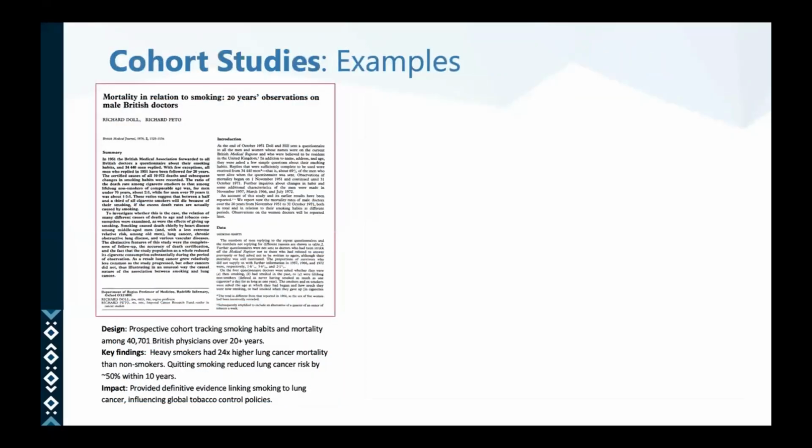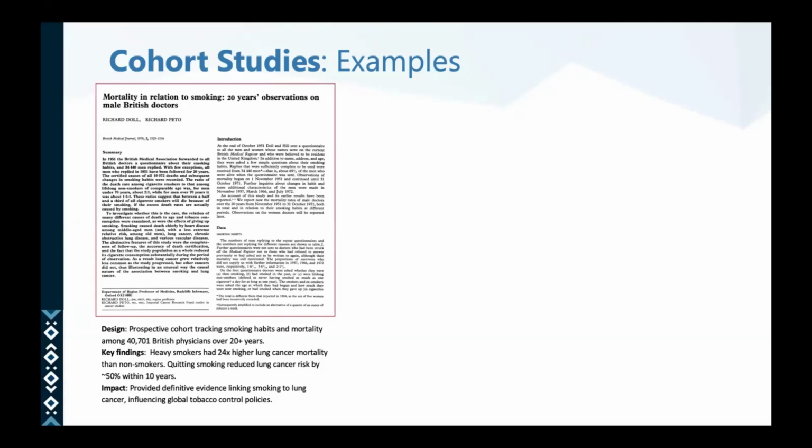So this is an example of a cohort study, which is still on smoking. This was a study done by Richard Doll and Bradford Hill, who did the case control study. They wanted to get more robust evidence to know whether smoking is really the thing that is behind lung cancer.